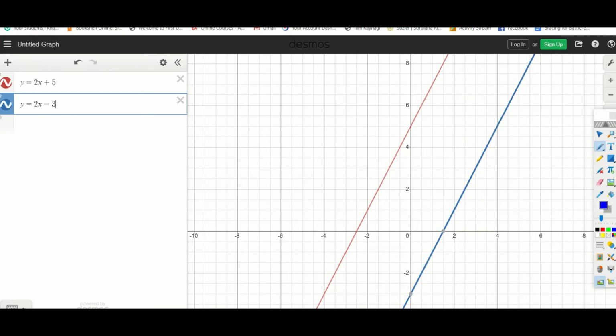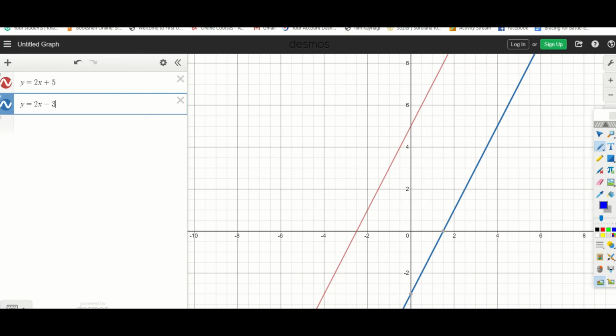The y-intercept is -3, and the slope is 2 up, then over 1, 2 up, then over 1. I will ask you to practice on this platform later, but this is just an extracurricular activity you can take.